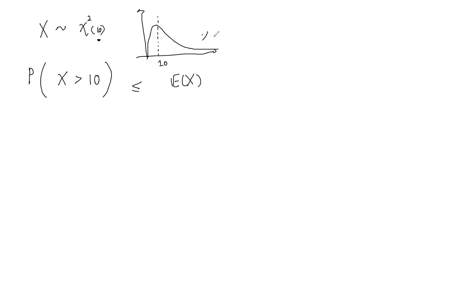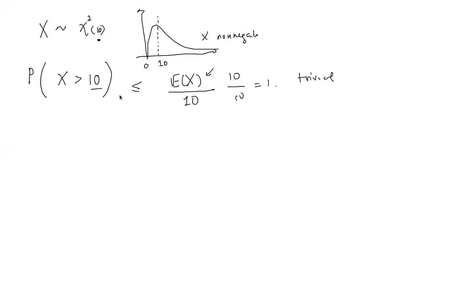So here your x is non-negative, right? It's bounded by expectation of x over 10. So is it useful here? Here your expectation is still 10. So this is basically trivial, right? So this is not very useful.